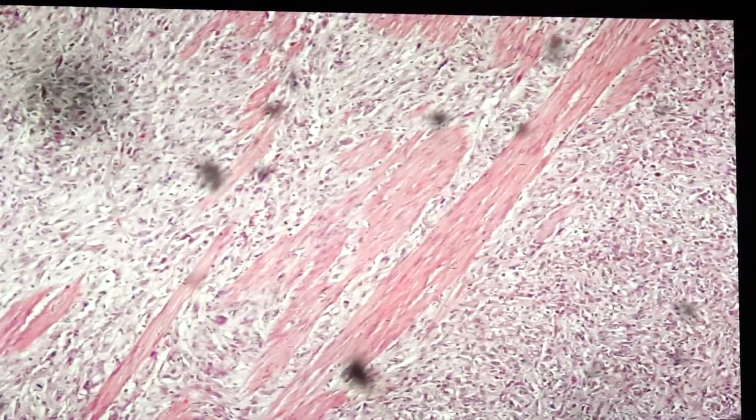And then we have slide 101. This is leiomyosarcoma. Leiomyosarcoma is a malignant tumor that would arise from this particular set of normal looking cells. This would be smooth muscle. So that would be your clue already.